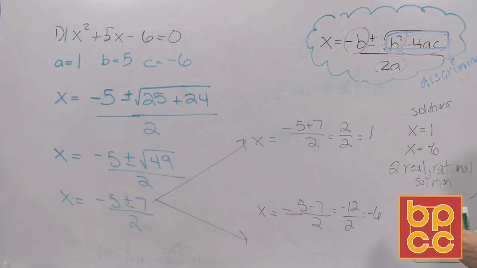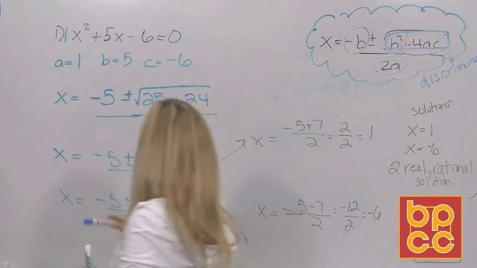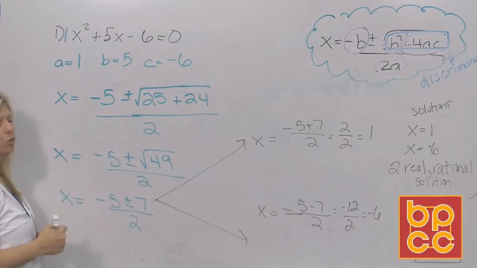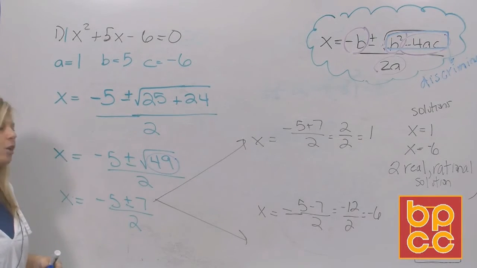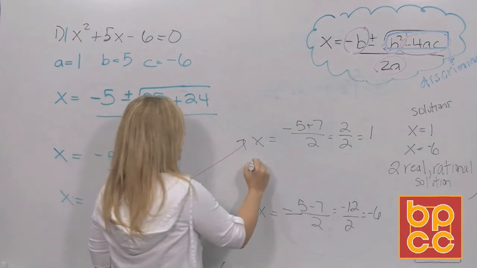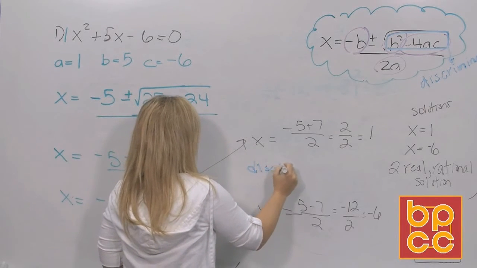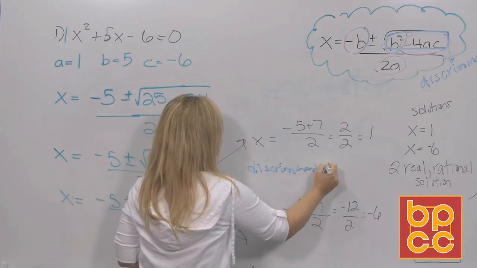When you get one number underneath the square root, it's called the discriminant. Everybody look closely. Where is my one number underneath the square root? It's right here, 49. And what do you know about 49? Well, our discriminant is 49.